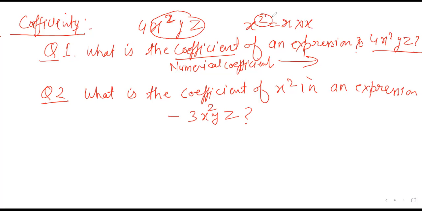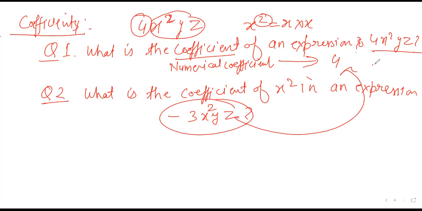It means x square is actually not a number, but it is written in the form of a number, because you know that x square is x into x, there is no number. So if the question is about the coefficient of an expression, you will write the numbers. Suppose minus sign is there, suppose I'm talking about this expression, the coefficient will be -3.